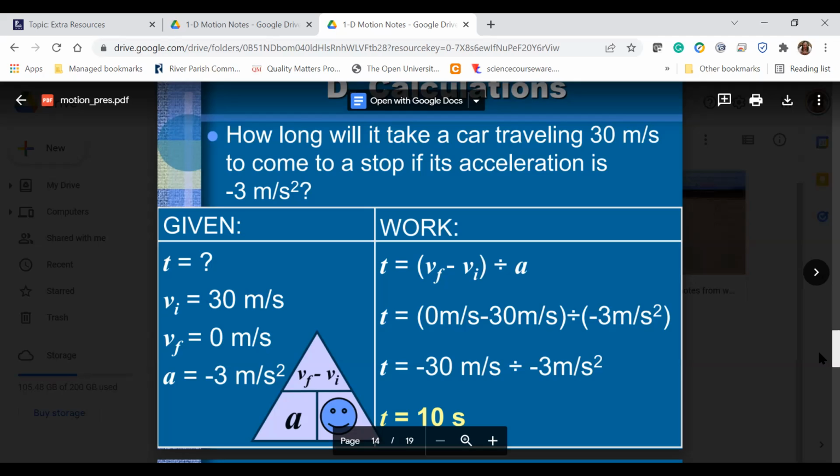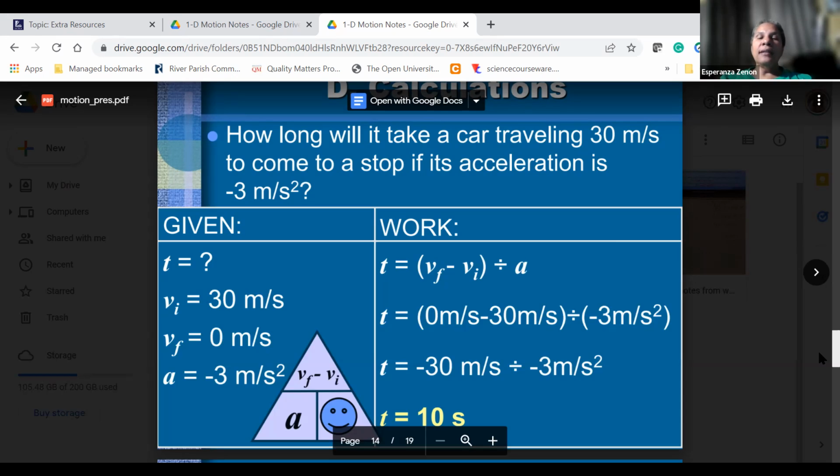Stop. It says it comes to a stop. If it comes to a stop, the final has to be 0. So that means we have the final velocity minus the initial velocity divided by the acceleration.